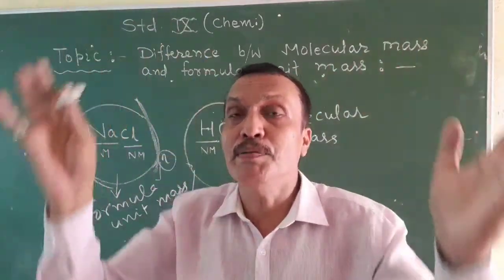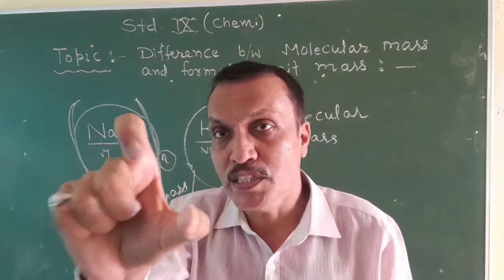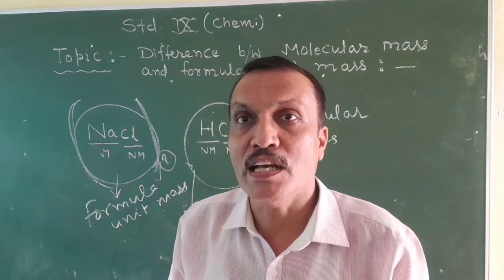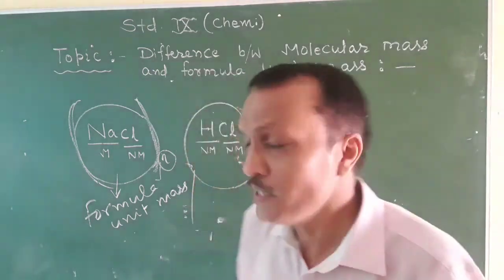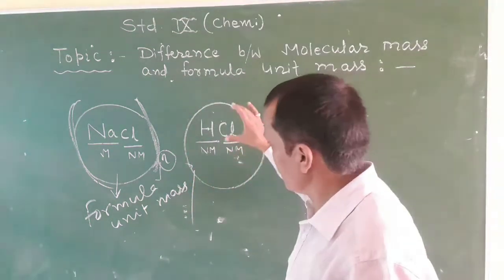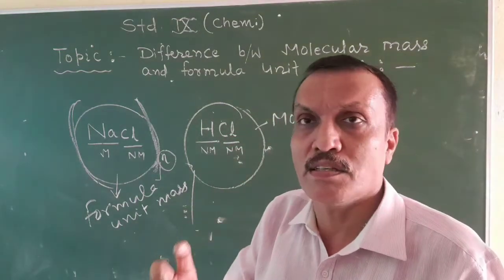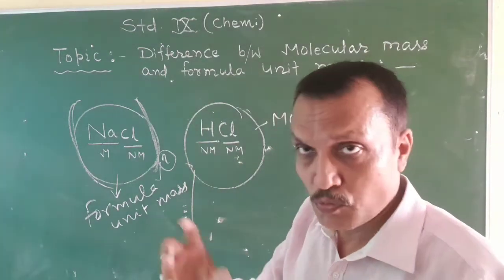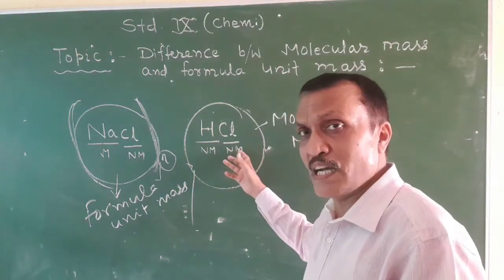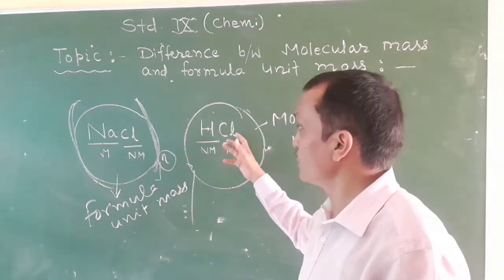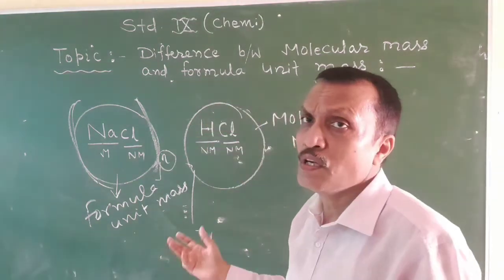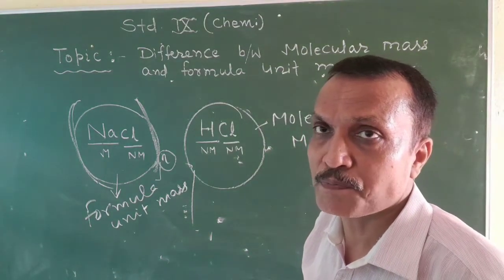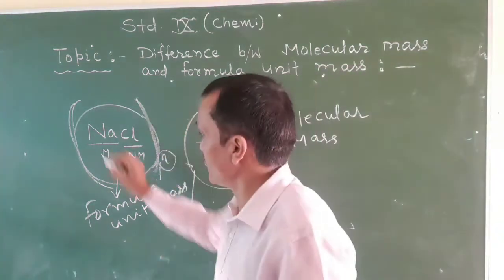From that big network, one unit is taken out for its mass, and that mass is read as formula unit mass. Okay? Molecular mass: as these compounds exist as discrete molecules, there is no problem to calculate their mass. As it exists as a single molecule, for that single molecule we calculate the mass, and that mass is simply read as molecular mass. Clear?